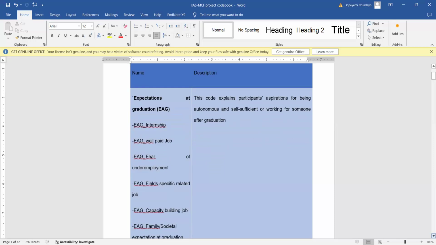So this is expectation at graduation: when you graduated, what were your expectations? Then you describe what you expect. Especially when you have more than one person coding, it's important to have a code book, because that is what will guide all the coders, all the analysts, to know what they are looking for in the transcript.